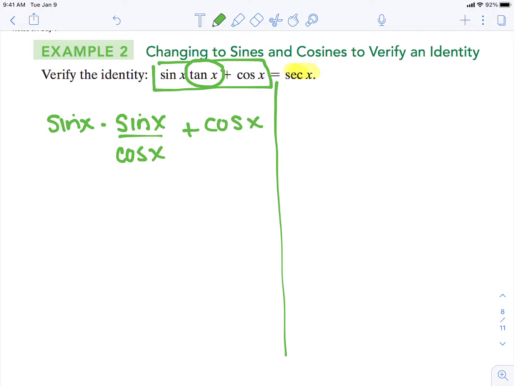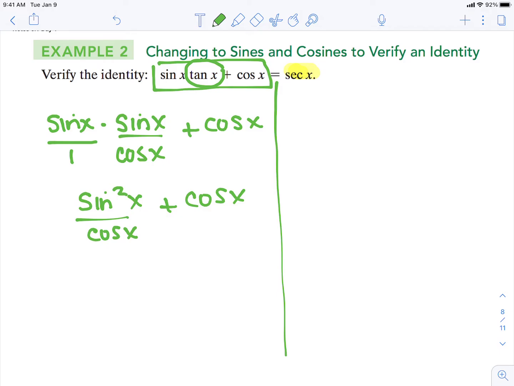Now we're going to go ahead and multiply these two fractions. I'm changing that sine of x to a fraction, so we're going to multiply across. So we're going to get sine squared of x over the cosine of x plus the cosine of x.